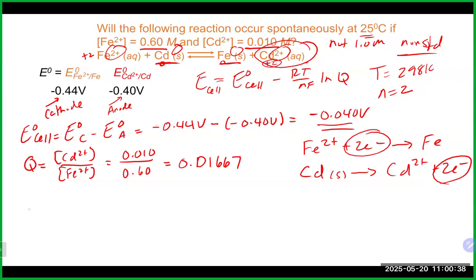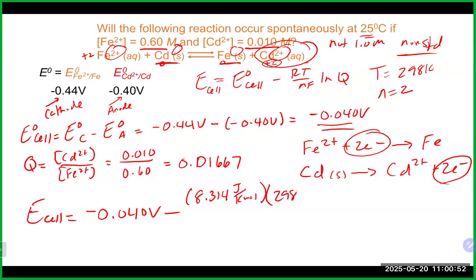F is a constant, so our E of the cell is going to be our negative 0.04 volts minus our R, 8.314 joules per Kelvin per mole. Our T, 298 Kelvin, divided by our N, which is 2 moles, and our 96,500 constant for Faraday.